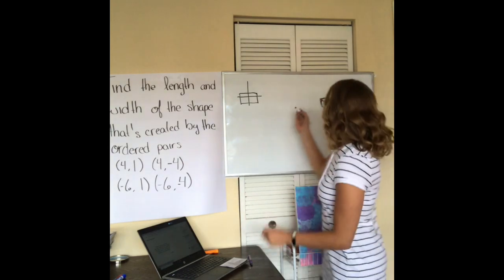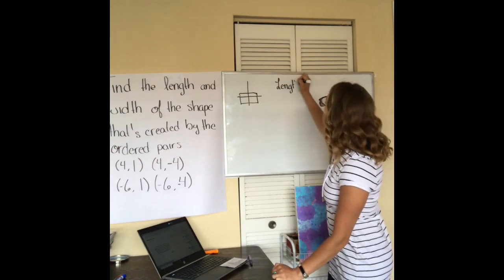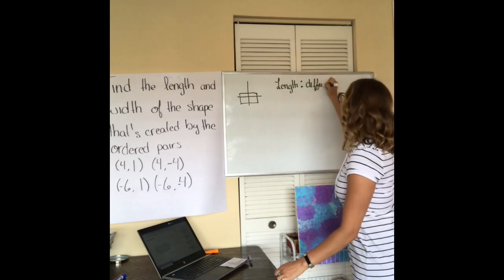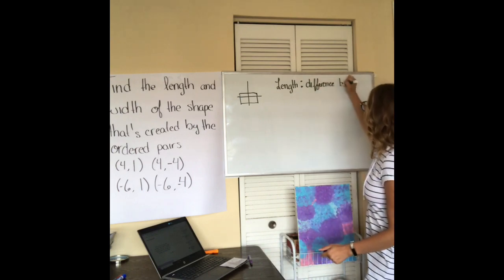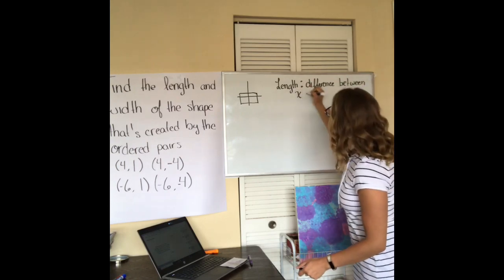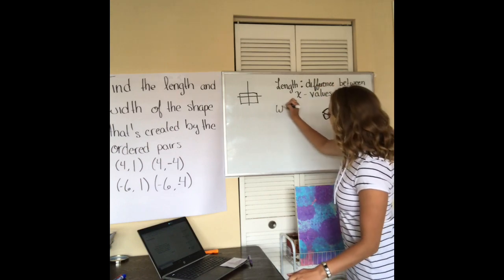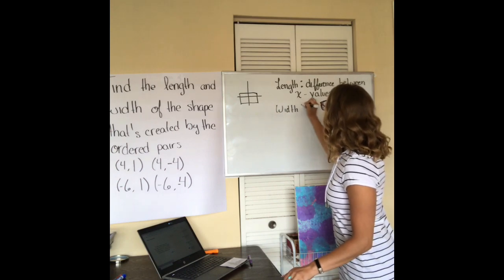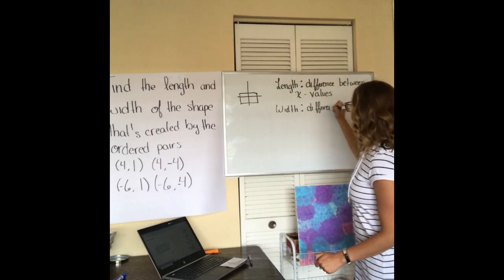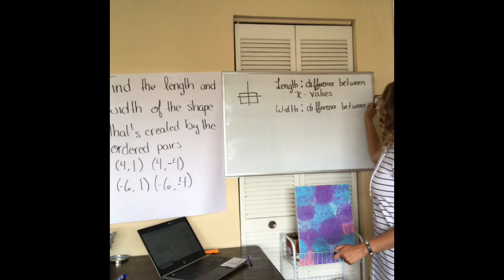And I'm going to say that my length, you should write this down with me, my length is the difference between x values and my width is my difference between y values.